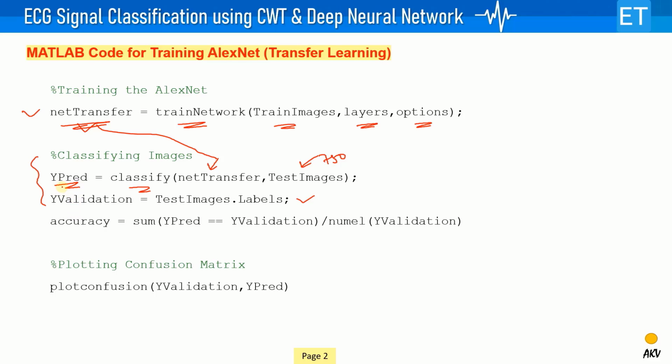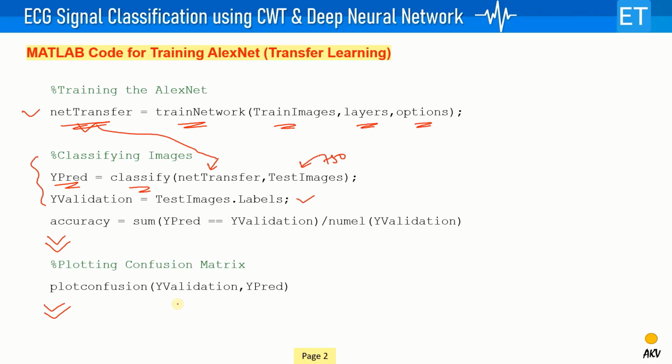So I have the two vectors, the prediction and the initial Y validation, so I can compare these to get the accuracy. I mean how many I have classified correctly. And after that I will get the confusion matrix plot where we can see how many data are correctly classified and how many data are misclassified.